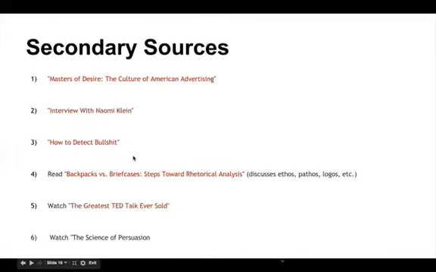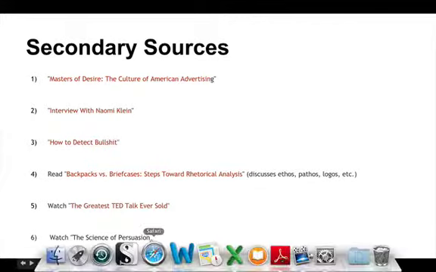You have the How to Detect Bullshit to refer to. When you are trying to figure out how to do a rhetorical analysis, you have the source Backpacks versus Briefcase, and it discusses the use of ethos, pathos, logos. It also discusses the rhetorical situation and how arguments are presented. And then, to further support your claims about argument, you have The Greatest TED Talk Ever Sold, and you also have The Science of Persuasion.